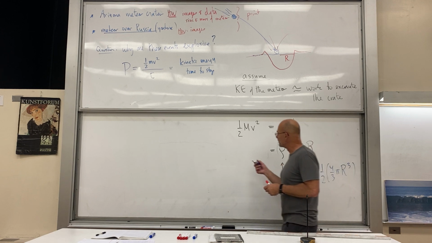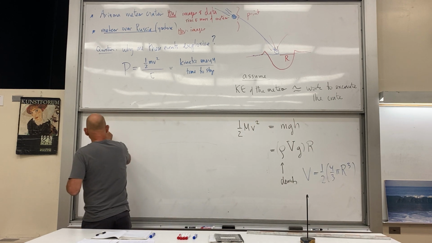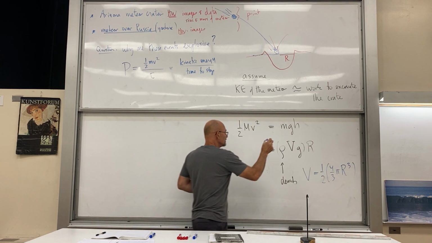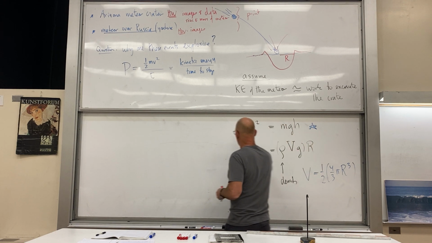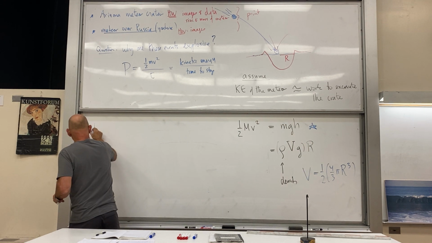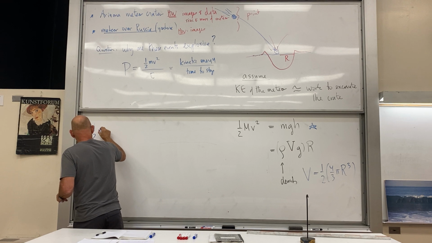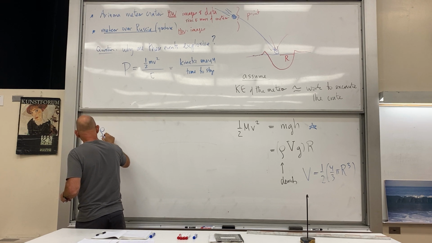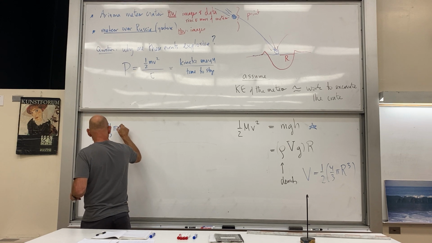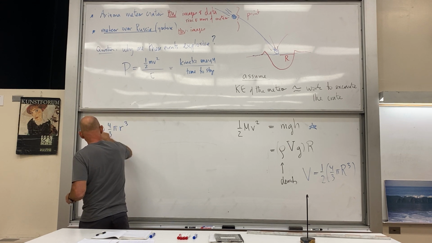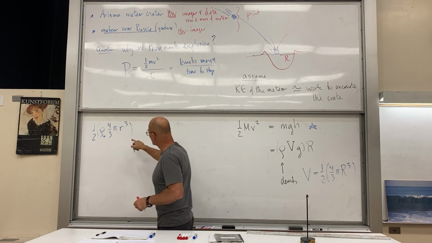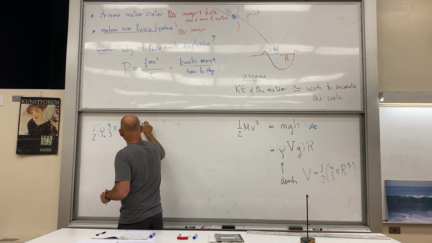And I'm going to have to make some more assumptions here. So this equation, I'll say I have a half, density of the asteroid, 4/3 pi radius cubed. So this is for the asteroid, v squared.